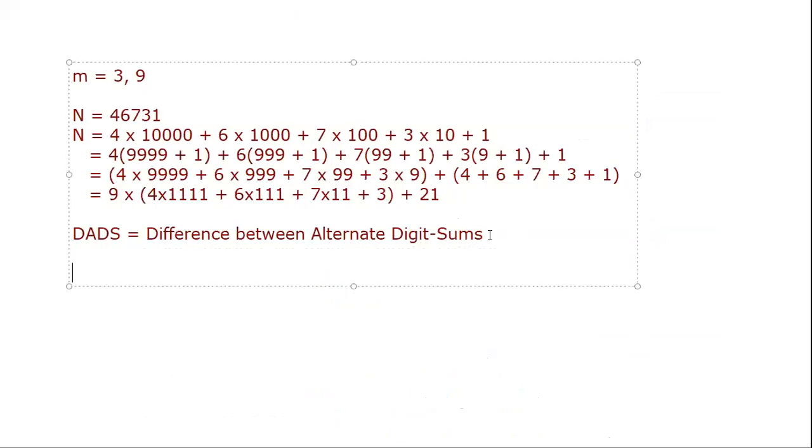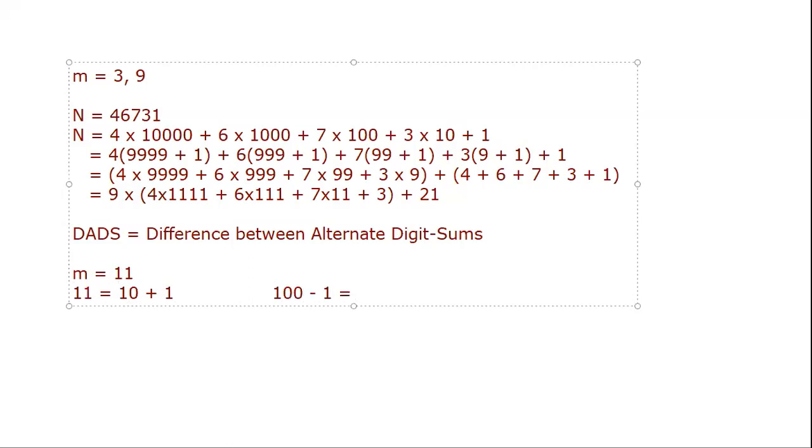Now we are talking about m equal to 11. The important thing here is to note that you can think of 11 as 10 plus 1, and on the other hand, 100 minus 1, 99, is clearly divisible by 11.